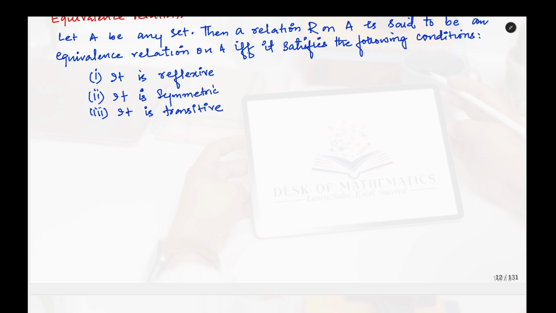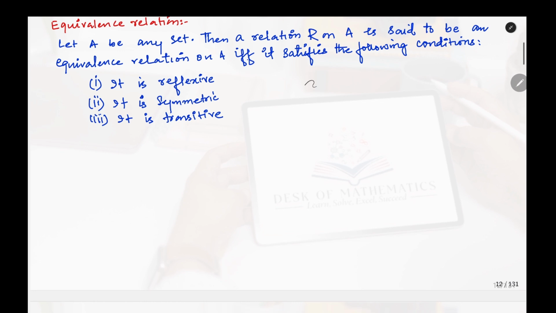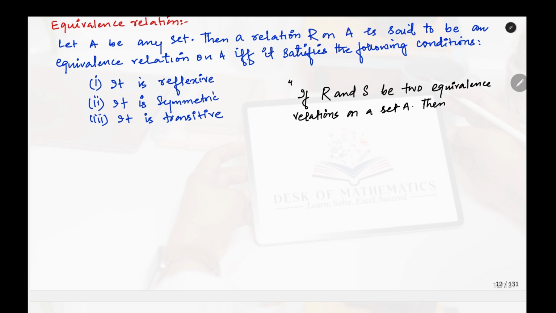Now first I want to give a result here, and I will not go through the proof. If R and S are two equivalence relations on the same set A, then R intersection S is also an equivalence relation on A. That means the intersection of two equivalence relations is also an equivalence relation.